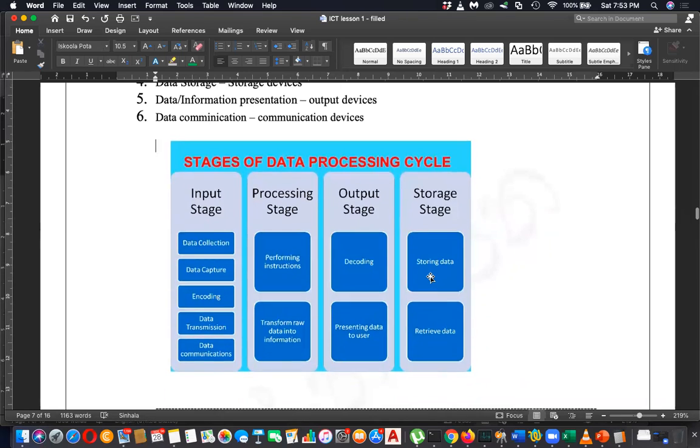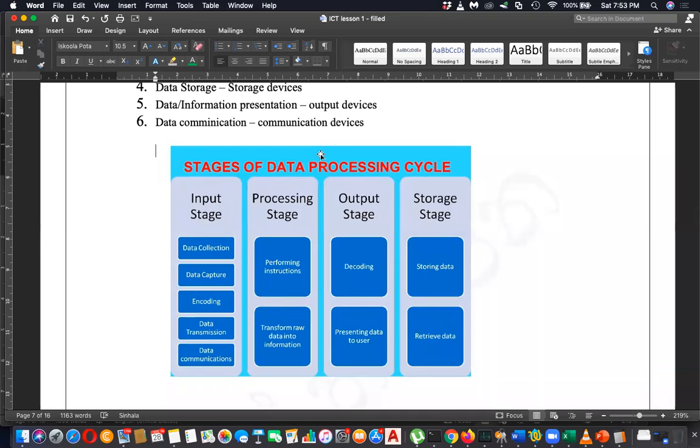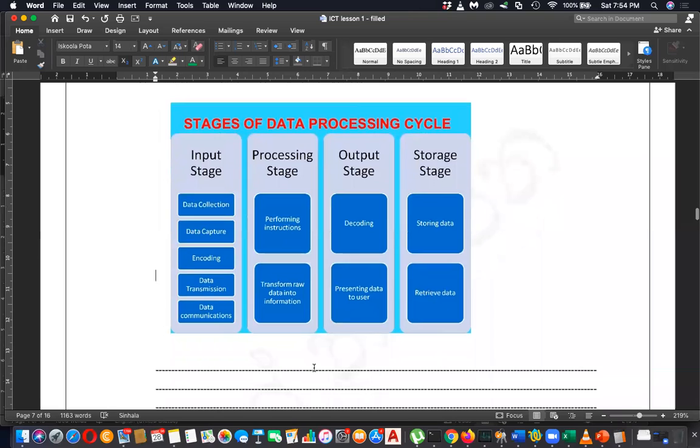And I think you'd better draw this as well. If you have any difficult words, please write them down. What is encoding? I'll write it down. Encoding: convert into the format where computers can read easily.